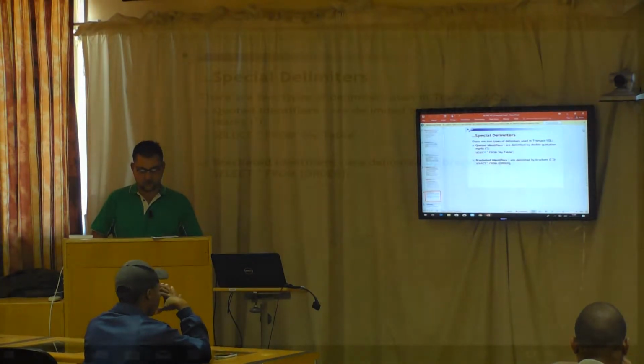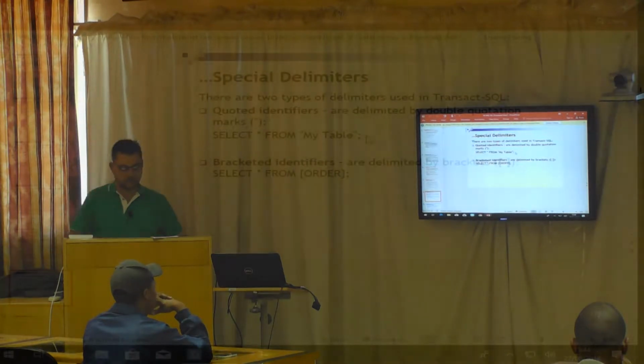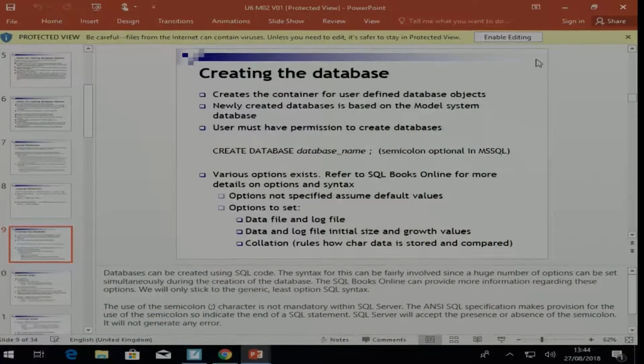So there's examples of delimiters, and they've delimited my table and orders also. And then there's examples about going to create a database, an actual name of the database. There are a lot more options to this which you can possibly have, but that is really just the basic syntax to go and create a database object or a database.